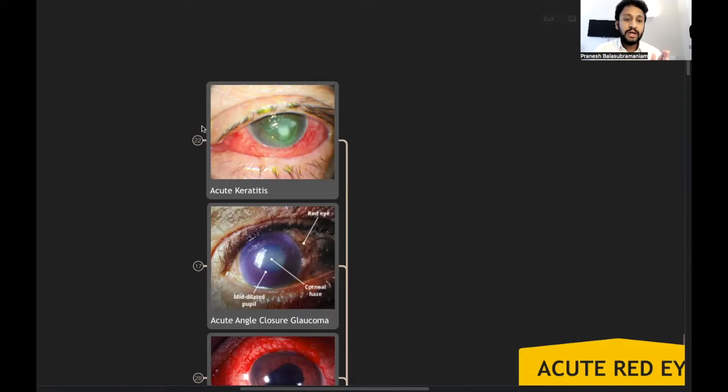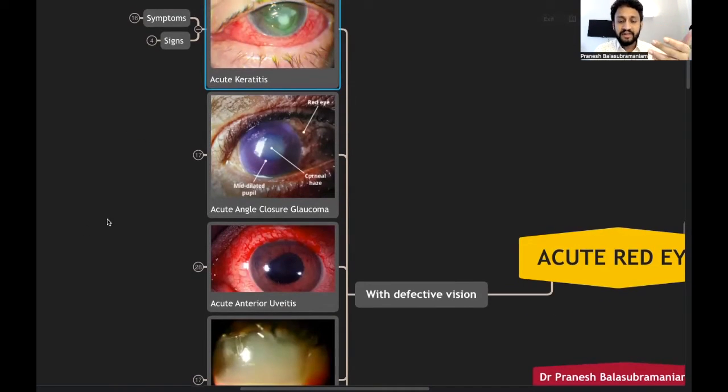Acute keratitis means there is an inflammation of the cornea. In acute angle closure glaucoma, there is increased intraocular pressure because the angles are getting closed, thereby impeding the outflow of aqueous humor and causing a sudden onset increase in IOP.